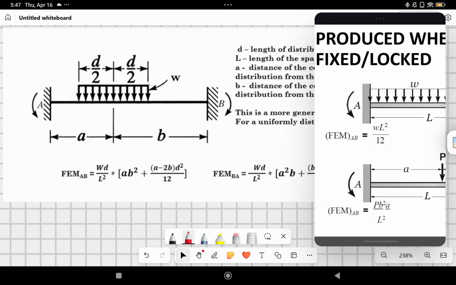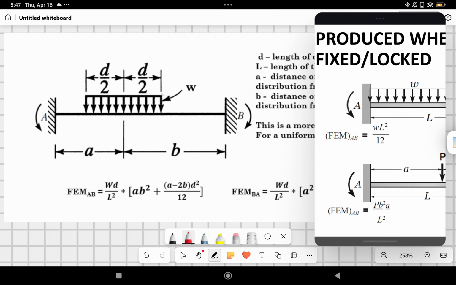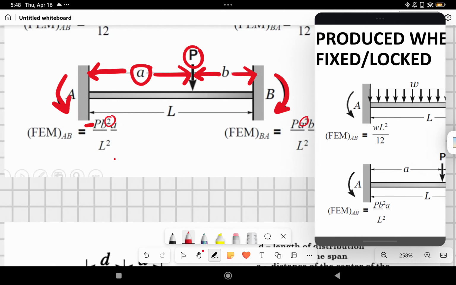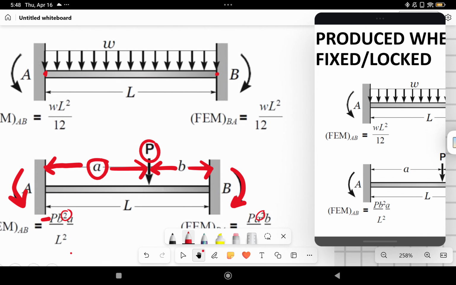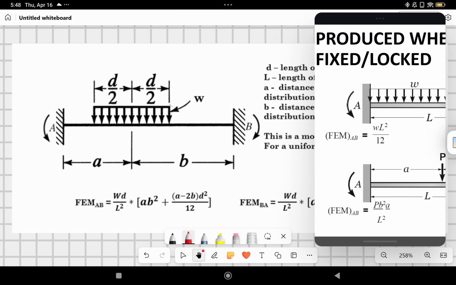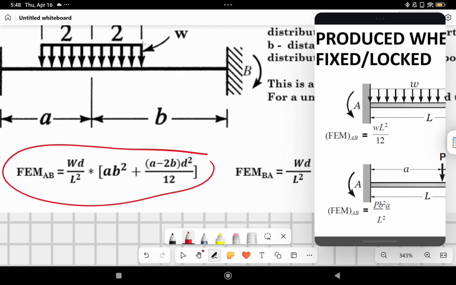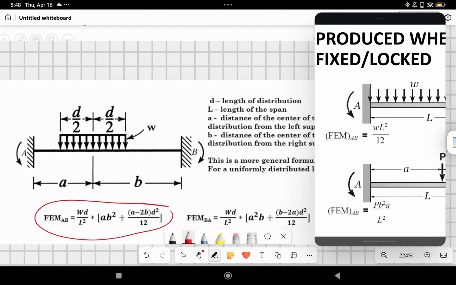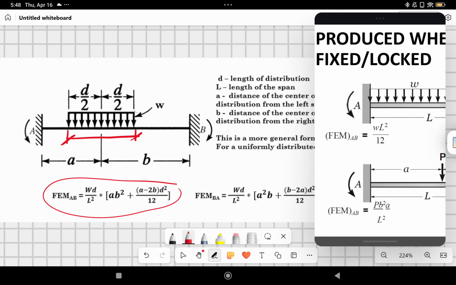And then, for a distributed load that is not spanning throughout the full span of the beam member, so usually we assign this formula. So that is W times D. D is just the length of distribution, gaano kahaba yung distribution, and then over L squared.